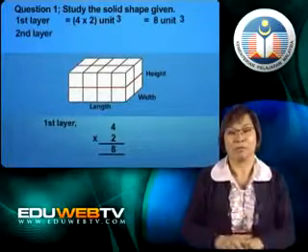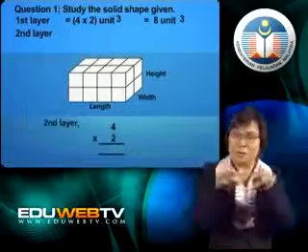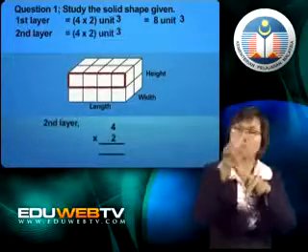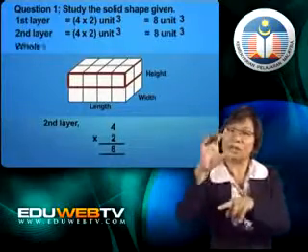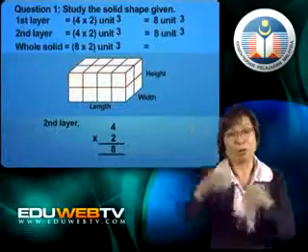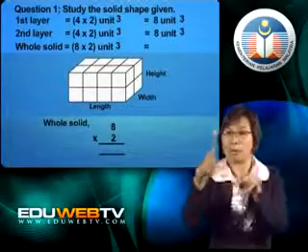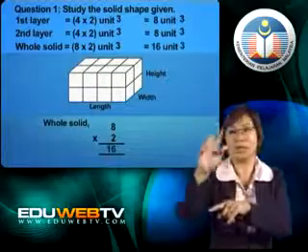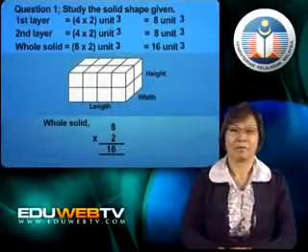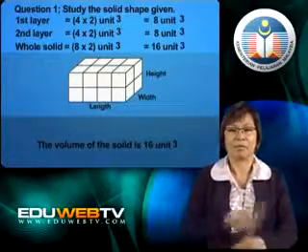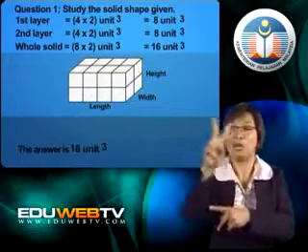The second layer is identical to the first layer, so it is also 4 unit cubes multiplied by 2, which equals 8 unit cubes. So we multiply the 8 by 2 to get the whole solid, which is 8 multiplied by 2 equals 16 unit cubes. The volume of the solid is 16 unit cubes. The answer is 16 unit cubes.